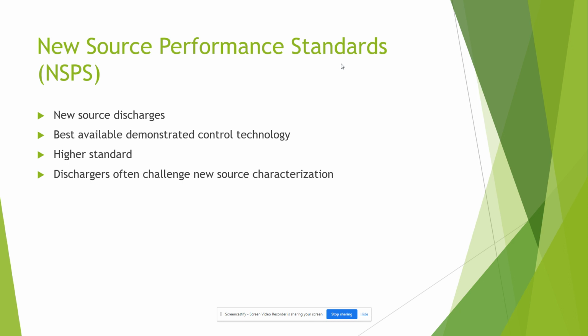Okay. It's a new source. And because it would be a new factory, a new facility, a new piece of equipment, we can impose higher technology needs for this. So we have that highest standard of BADCT, best available demonstrated control technology.